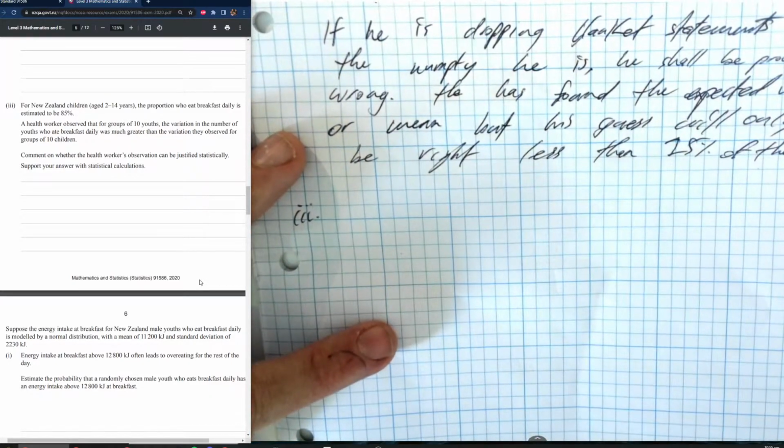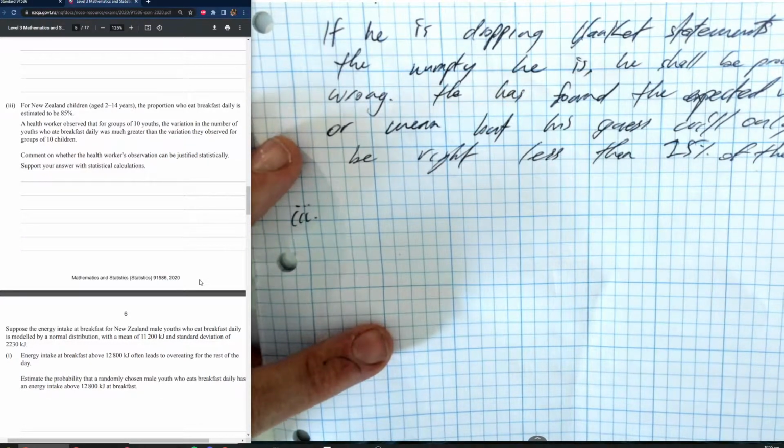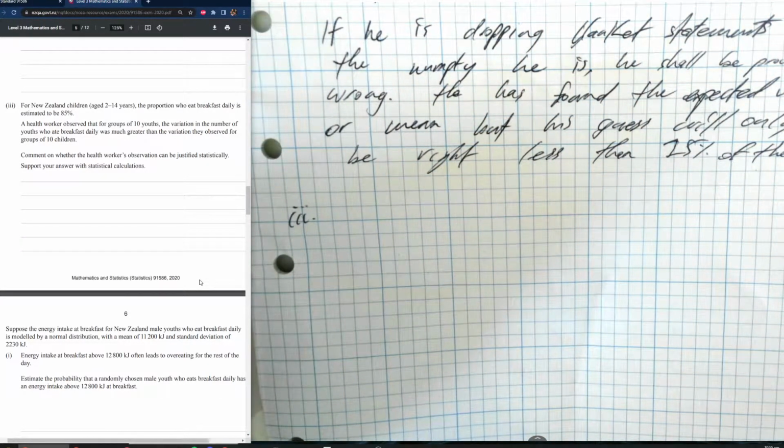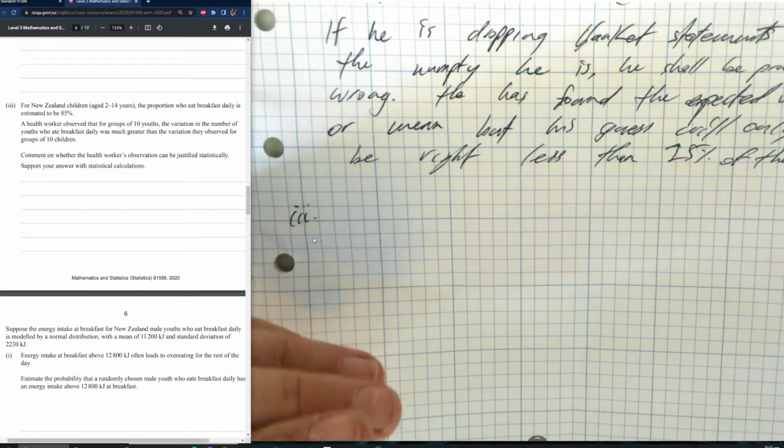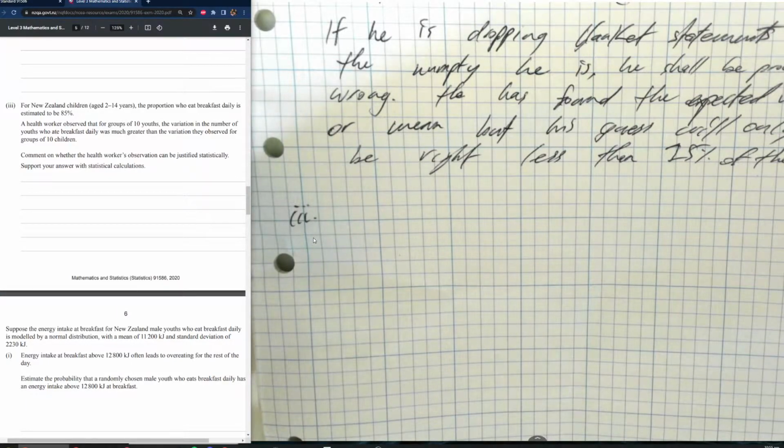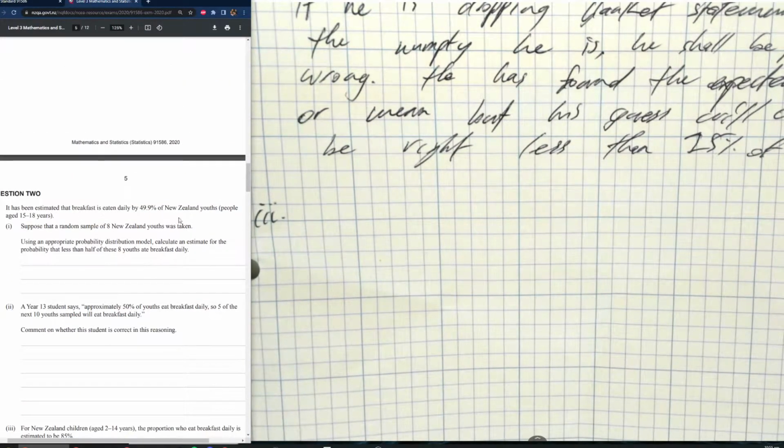Yeah, that's statistical reasoning. I don't really like this question at all, because we looked at youths. What do we count youths to be? These are these people here.